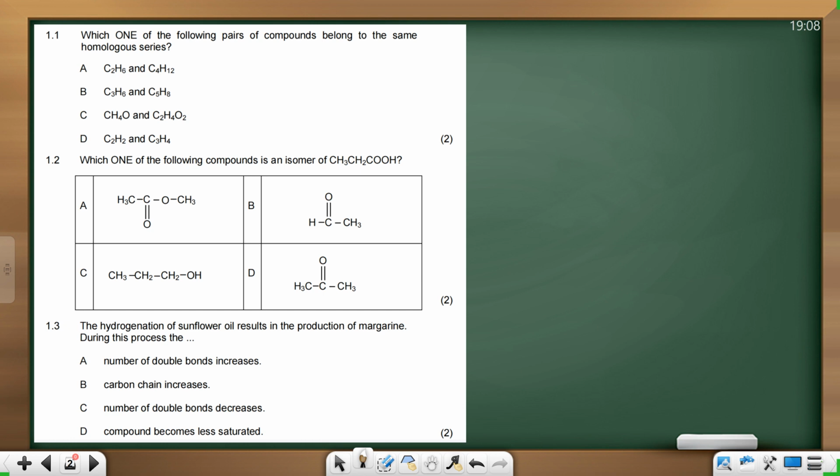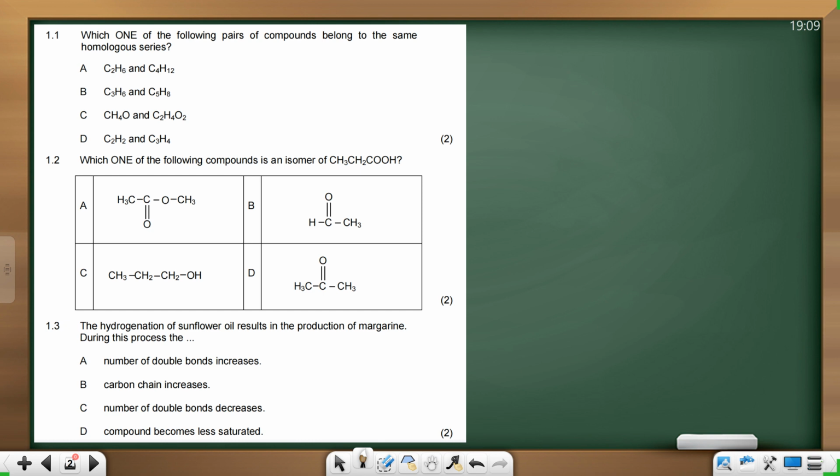You can start throwing in your answers. They have the same general formula, the same functional group, and are separated by a CH2. So in this case, I would just quickly look at the formulas and find out which one has the same general formula.